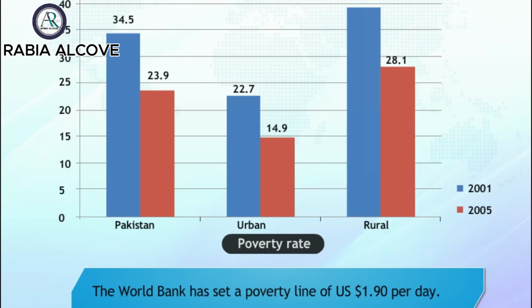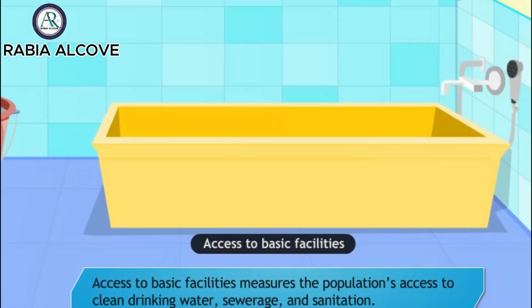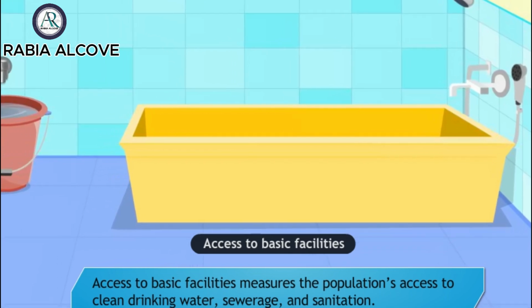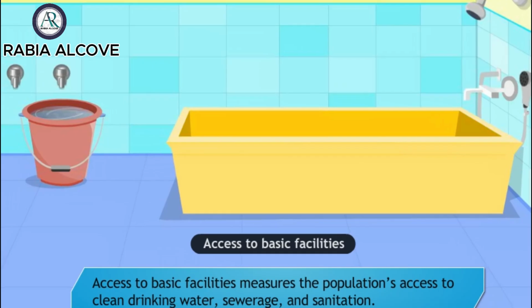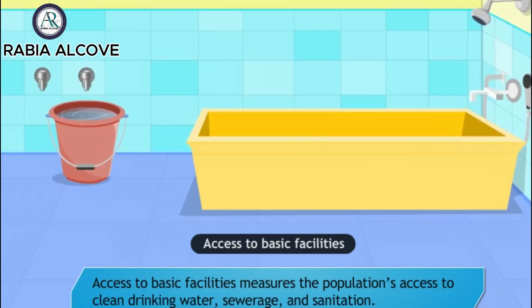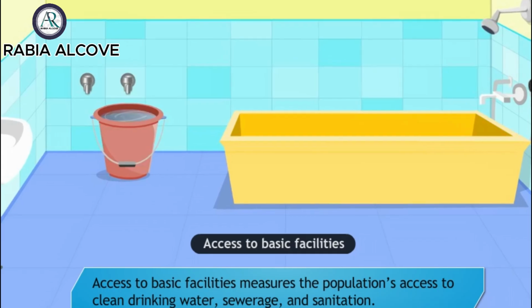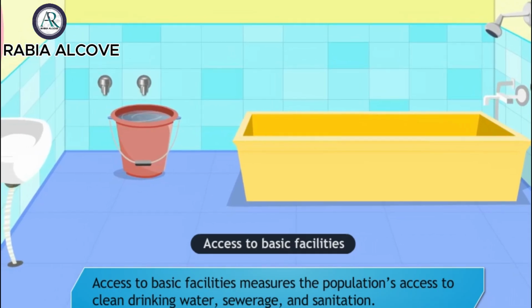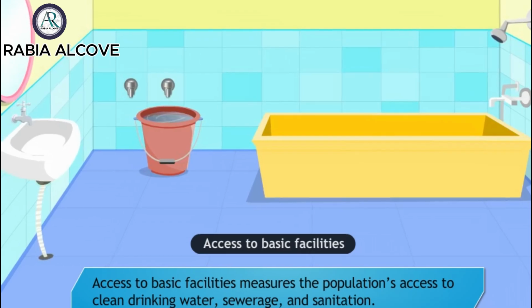Access to basic facilities measures the population's access to clean drinking water, sewerage, and other sanitary conditions that are essential to healthy living. People living in developing countries do not have easy or cheap access to clean drinking water, and the governments of these countries do not have adequate resources to provide basic facilities for their people.